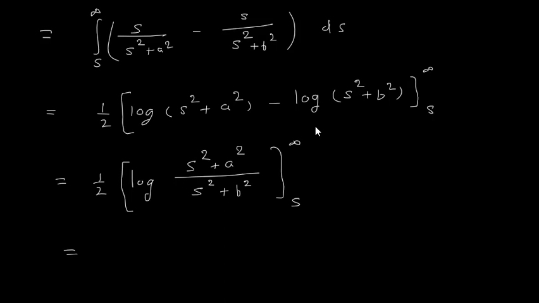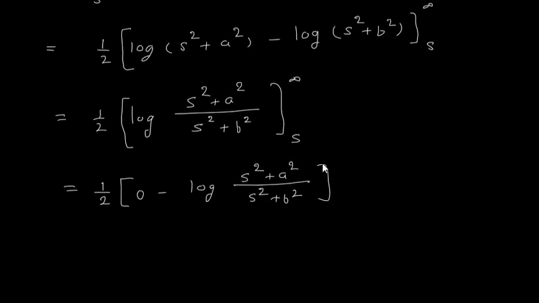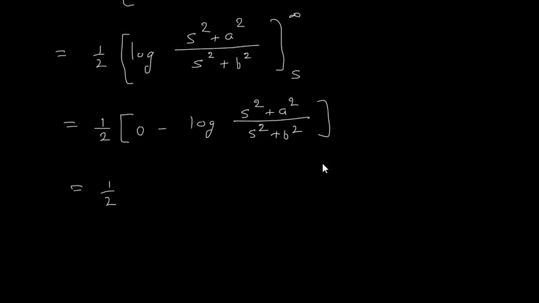Now when we put the infinity value, it will be 0. So this is 1/2 times 0 minus, when we put s, it remains as it is, log of (s^2+a^2)/(s^2+b^2). Now because of this minus sign, I will reciprocate the inner term, so I will write (s^2+b^2)/(s^2+a^2).